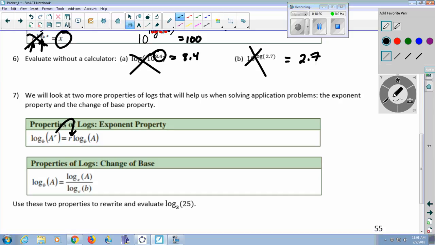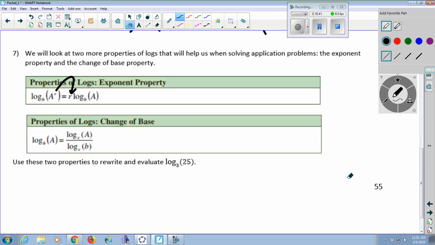The other thing that we often need to do, because we don't just work with common logs and natural logs, is if we get a log of another base, we have to be able to put this into our calculator to get an estimate if we want an estimate for our answer. So let's work on this one right here, log base 3 of 25.